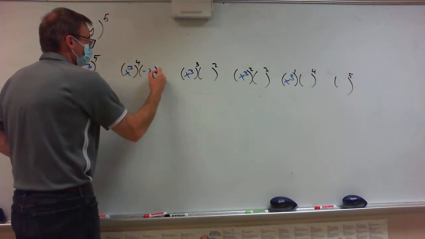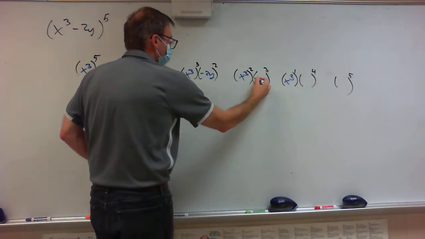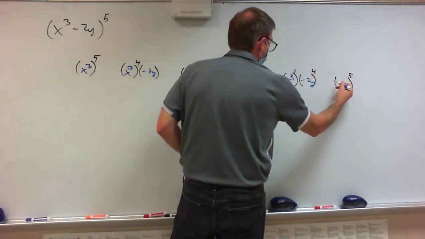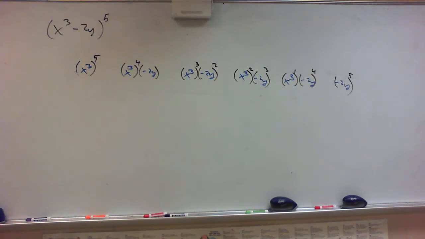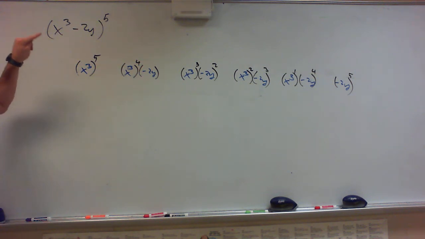So I get a negative 2y, negative 2y, negative 2y, negative 2y, negative 2y. Have I lost anybody? No. Okay, as silly as it sounds, doing this sort of guarantees you get the right answer.